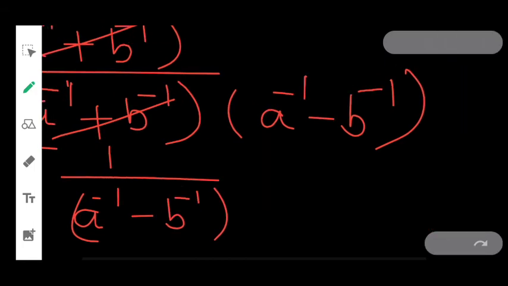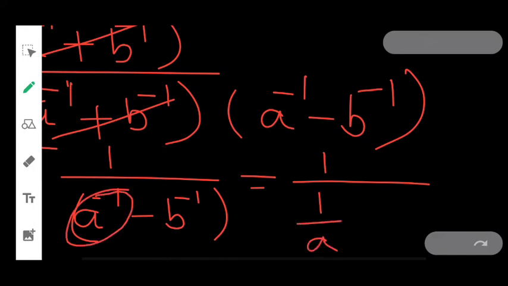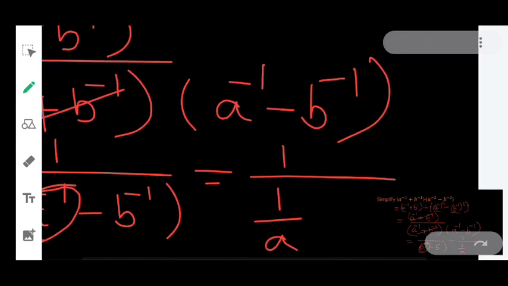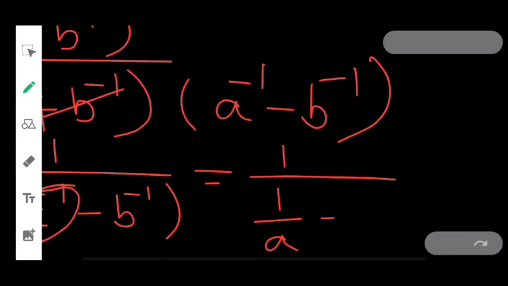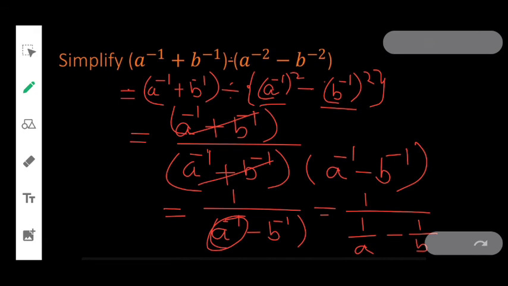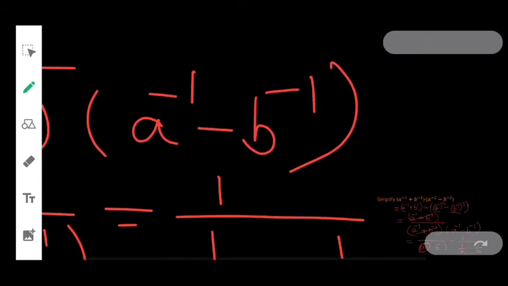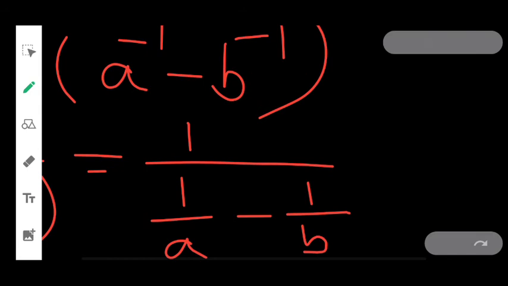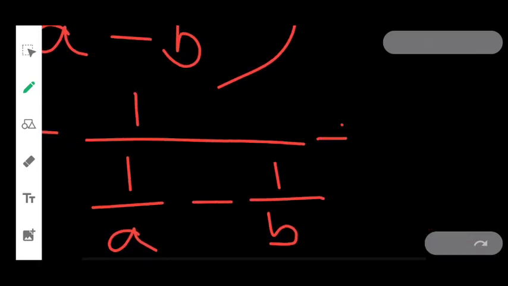So a to the power minus 1 is 1 by a, because a to the power minus n is 1 by a to the power n. Okay, so a to the power minus 1 is 1 by a and b to the power minus 1 is 1 by b. So this will be 1 by (1 by a minus 1 by b).